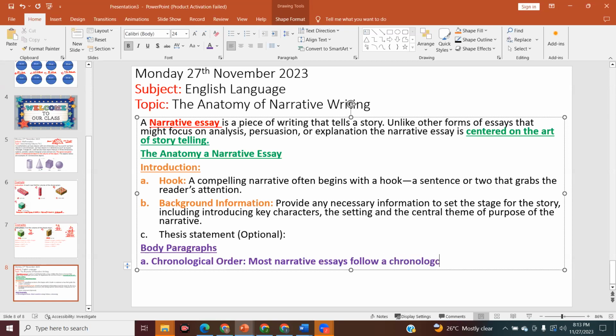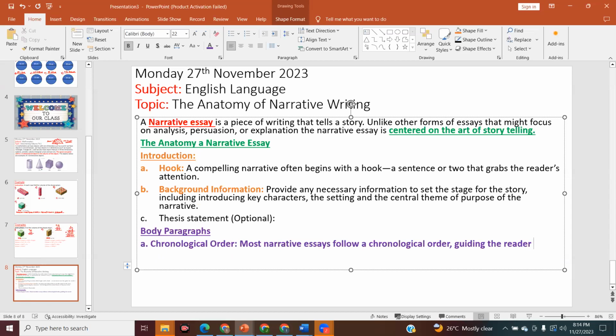What does that mean? Guiding the reader through the unfolding of events, in the same sequence as they occurred.